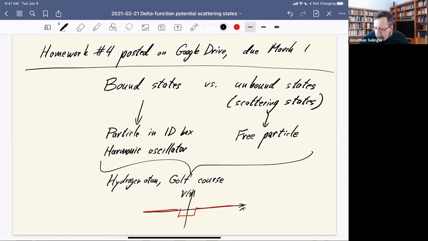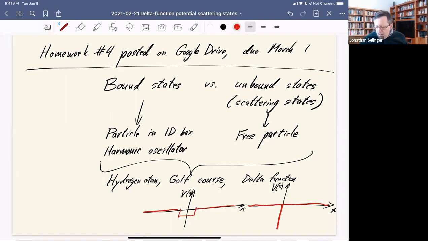One simplification was the delta function potential, where we take the width of the potential to be extremely narrow and the depth extremely deep. That limit looks like a downward pointing spike. So V of x is 0 all the way to there, then goes to infinity, and then goes back to 0.